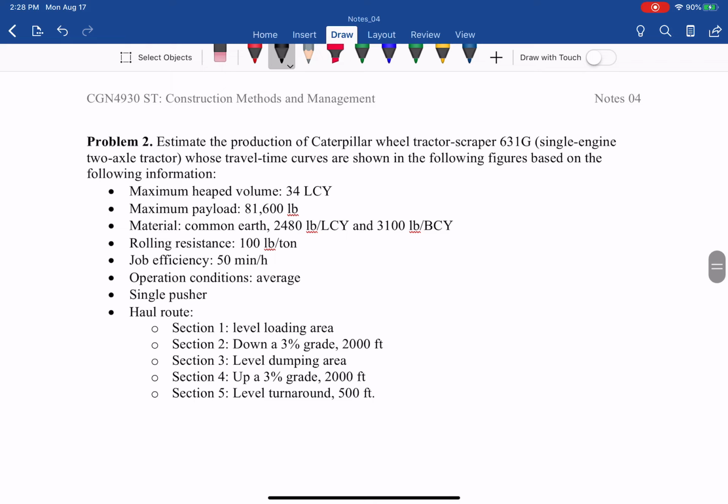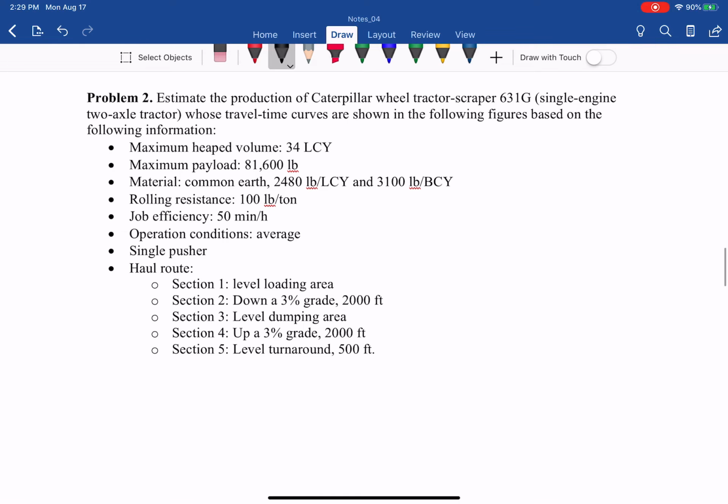The maximum heap volume is 34 LCY, maximum payload 81,600 pounds, material common earth, and they give you the density per loose cubic yard and per bank cubic yard. Then rolling resistance, job efficiency, operating conditions, and average single pusher, that is, whether we put a tractor to push. And for the whole route, we have 5 sections.